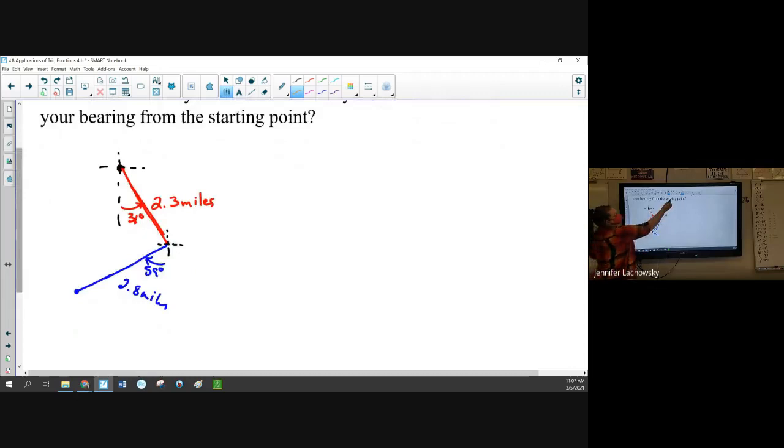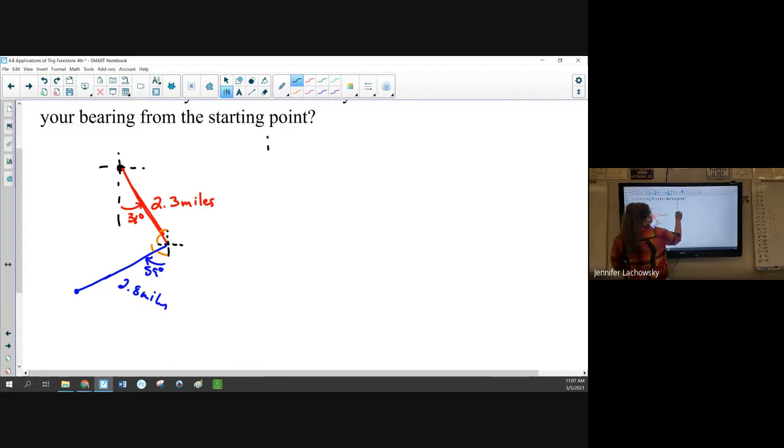Okay. I see 4 different angles over here. I see this angle, I see this angle, I see this angle, and I see this angle. You see what I mean? No, I see like 2. I see 1. Let me draw it a little bit bigger.